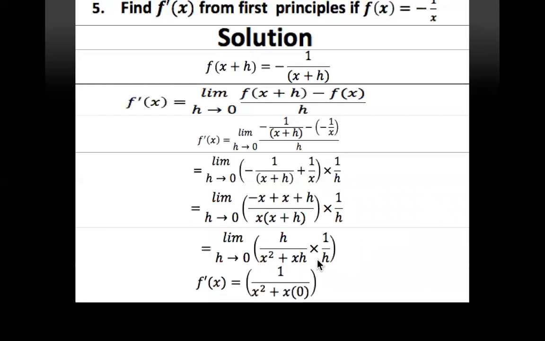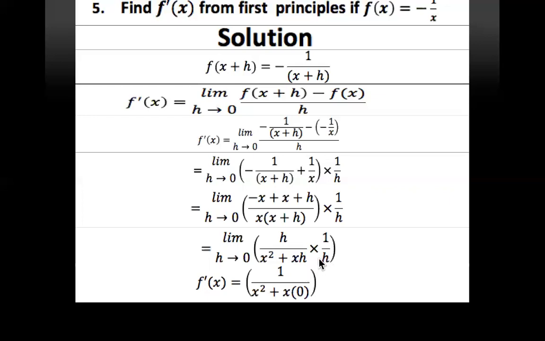And then what happens? You can decide to expand the bracket if you want. So we have expanded the bracket. x times x here will give us x squared. x times h here will give us xh. Now, if you look here, you see that we have h as a denominator here. But this numerator h on top can divide this denominator h to become 1.